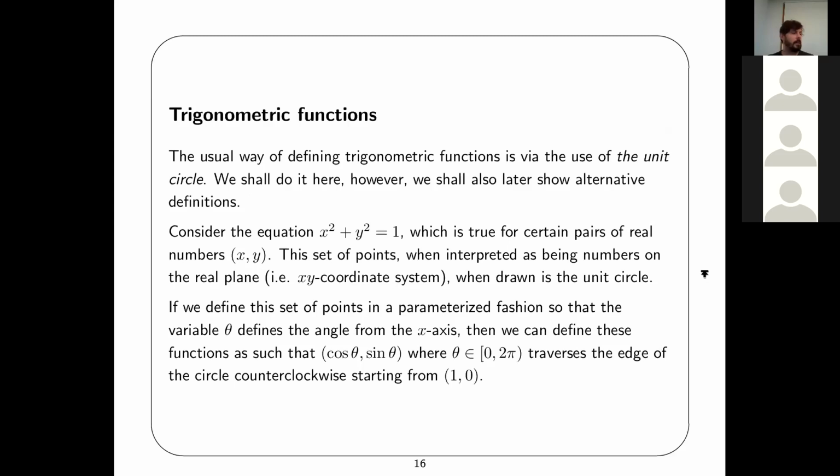And let's see if I can find the picture. I think I'll just steal that picture from the book, and then we can discuss these trigonometric functions using this.